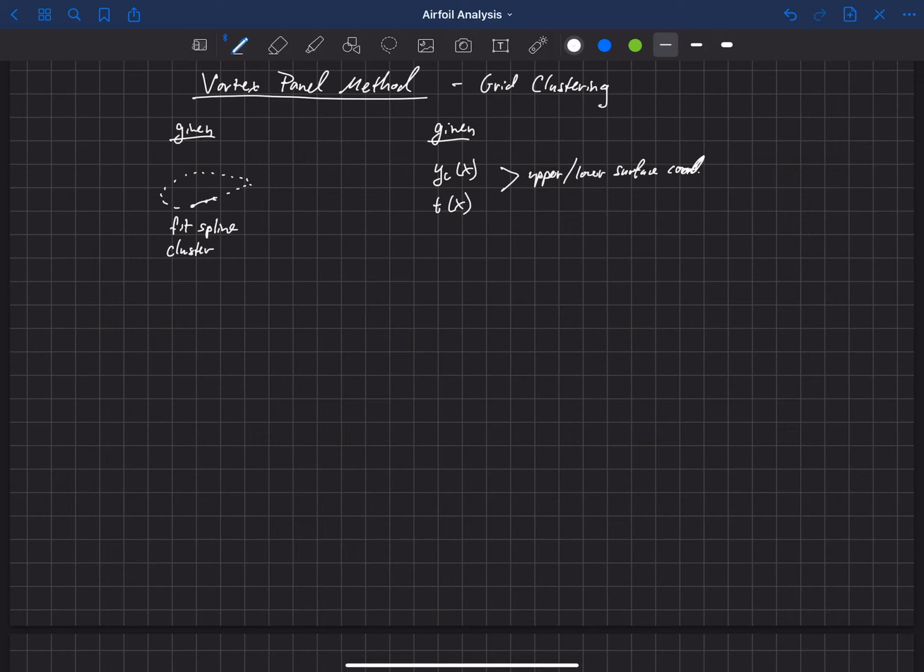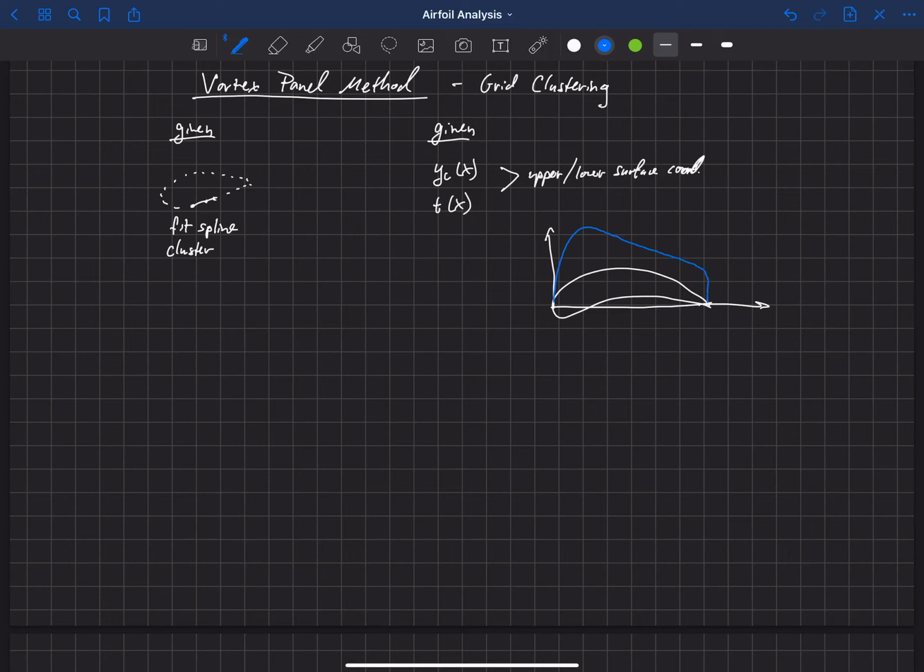So why do we want to cluster? Let's look at an airfoil here, and let's just plot a notional pressure distribution over this airfoil. So most airfoils have something that looks like this for a pressure distribution, and actually usually pressure is plotted upside down.